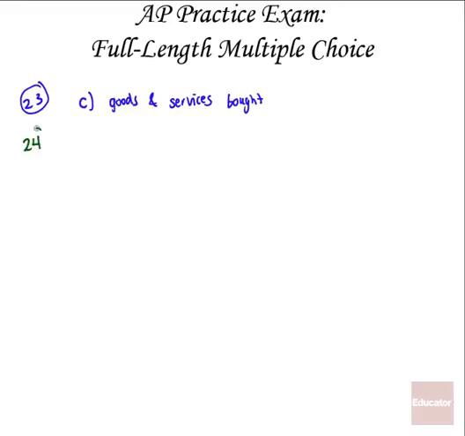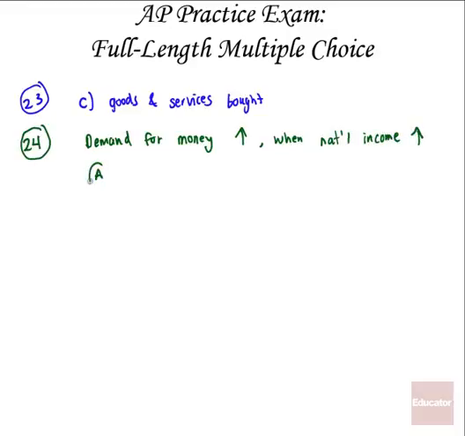Okay, question number 24. Demand for money increases when the national income increases. And again, this is kind of one of those things that's self-explanatory. So demand for money increases when national income increases.